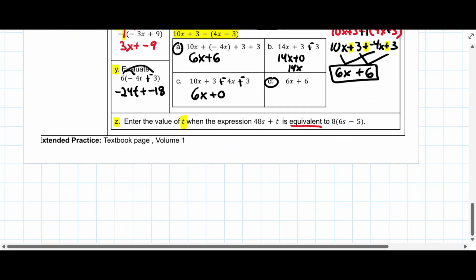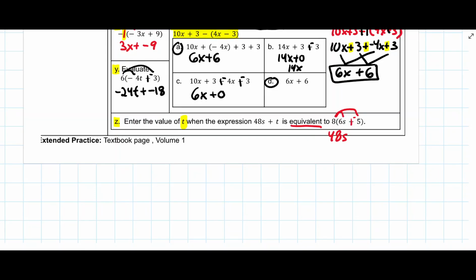All right, so how to attack this problem to find out if these things are equivalent to each other? Well, down here you have the distributive property, which you've already learned. But we have a subtraction sign, so you're going to do the additive inverse to it. Then you're going to go 8 times 6s and 8 times negative 5. So 8 times 6s is actually 48s, and 8 times negative 5 is actually negative 40.